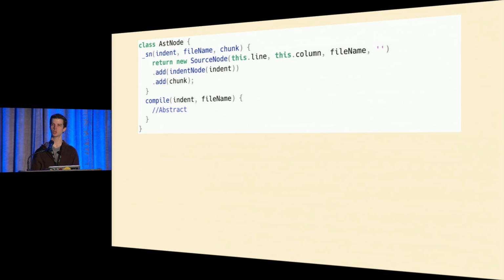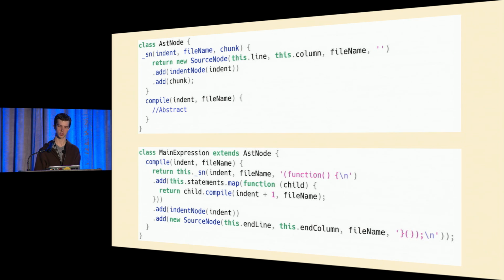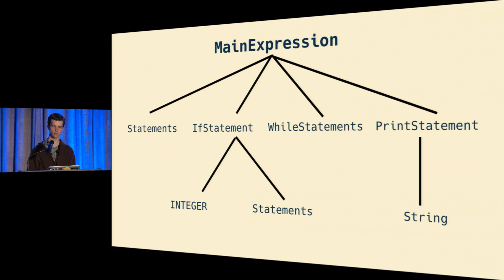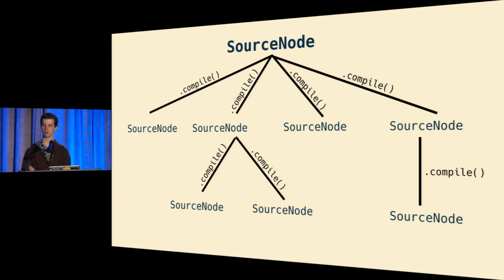This can be chained, so in the main expression, for instance, we can start with our immediately invocable function expression and then add in all those child statements, each of which are now going to be producing source nodes as well. You might also notice that compile has some parameters, and those are getting passed into the source node generation. So now you have your AST, but instead of returning a bunch of strings whenever you run compile, it simply returns a set of source node objects.